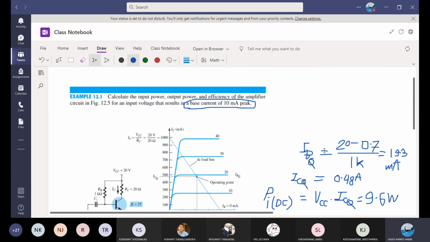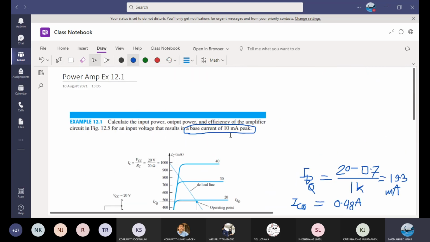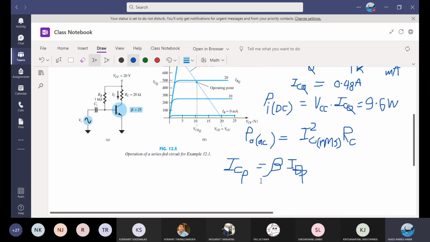Is I_B peak given? It is given, 10 milliampere, multiplied by 25, so you have 250 milliampere. Depending on whether you want to keep it as ampere or milliampere, I can write 0.25 amp.